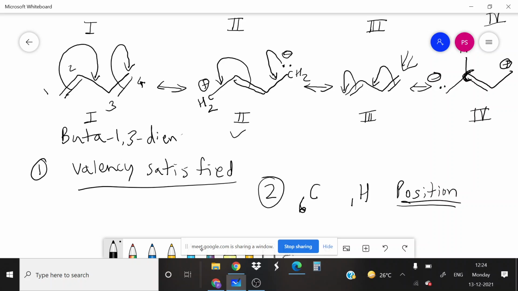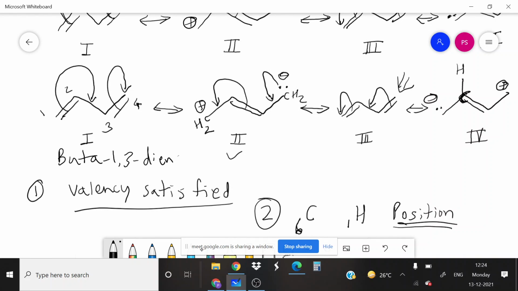Now out of these four structures, structure number 1 and 3 are the same, equal in energy, and structure number 2 and 4 are equal in energy. Of course charges are different. Here the negative charge is on the right hand side, here the positive charge is on the right hand side, on the right hand side carbon. Okay, so you are clear on the second rule.